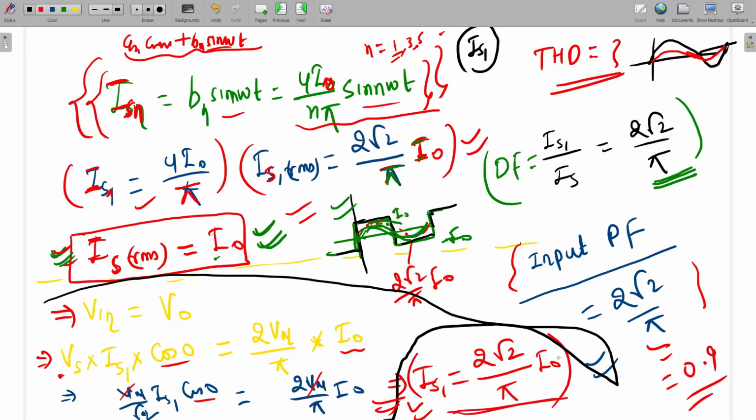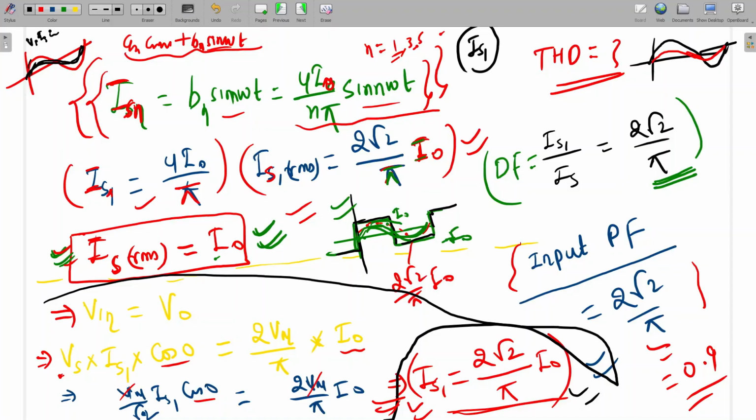Sir, why cos 0? See, I already told you, for input power we take the source voltage and the fundamental source current. Real power is defined as Vs into Is into cos of the angle between voltage and current.